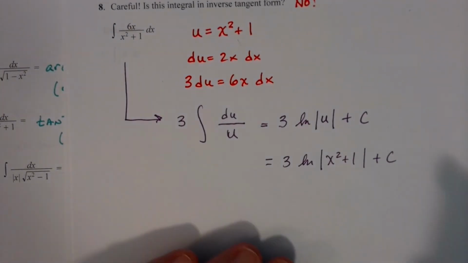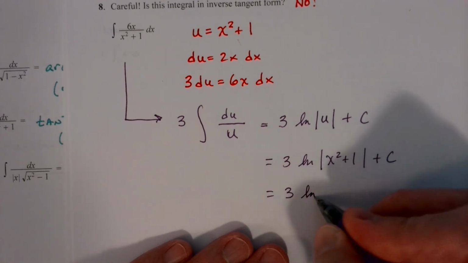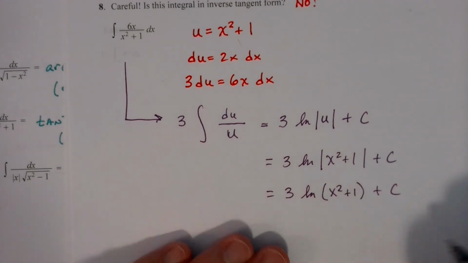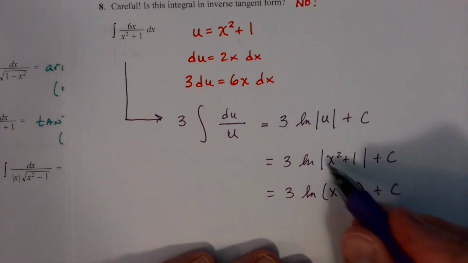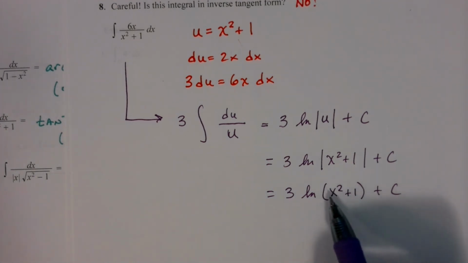You can write it that way. I guarantee you when you look in the back of the book or you're looking at my answers, you'll probably see this. Some of you forget the absolute value bars, and so you won't even think anything about it. But some of you do, and you say, wait a minute, where are your absolute value bars? I don't need them. Do you see why I don't need them? Look what we're taking the absolute value of.